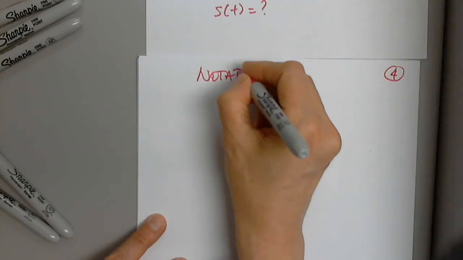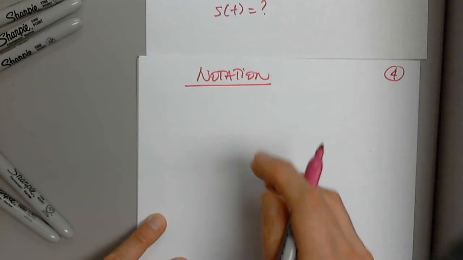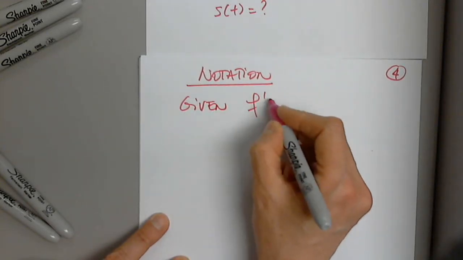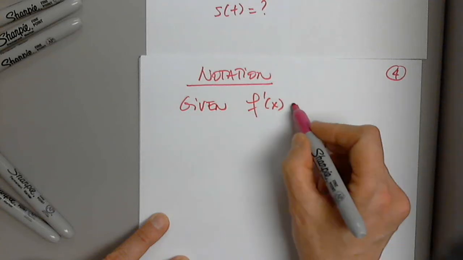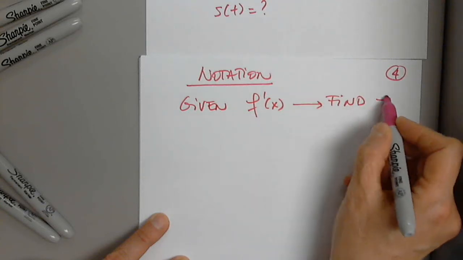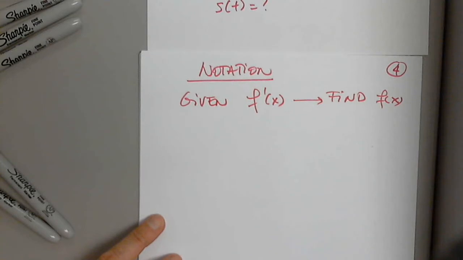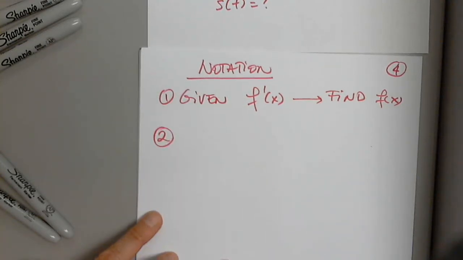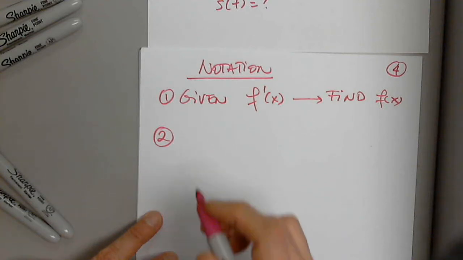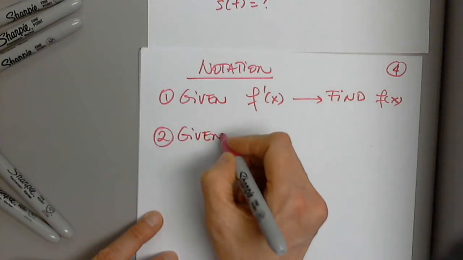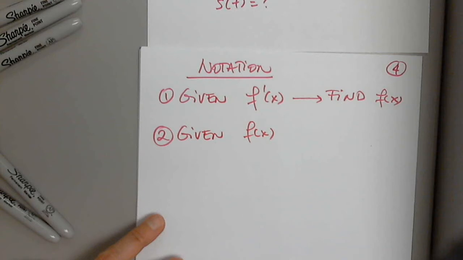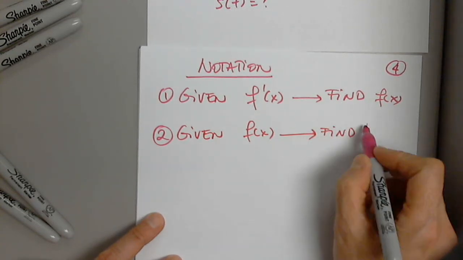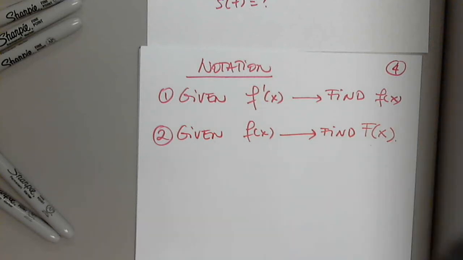Notation. Given f prime of x, find f of x. That's one possibility, number one. Possibility number two. Given f of x, the notation we will be using will be uppercase F of x.